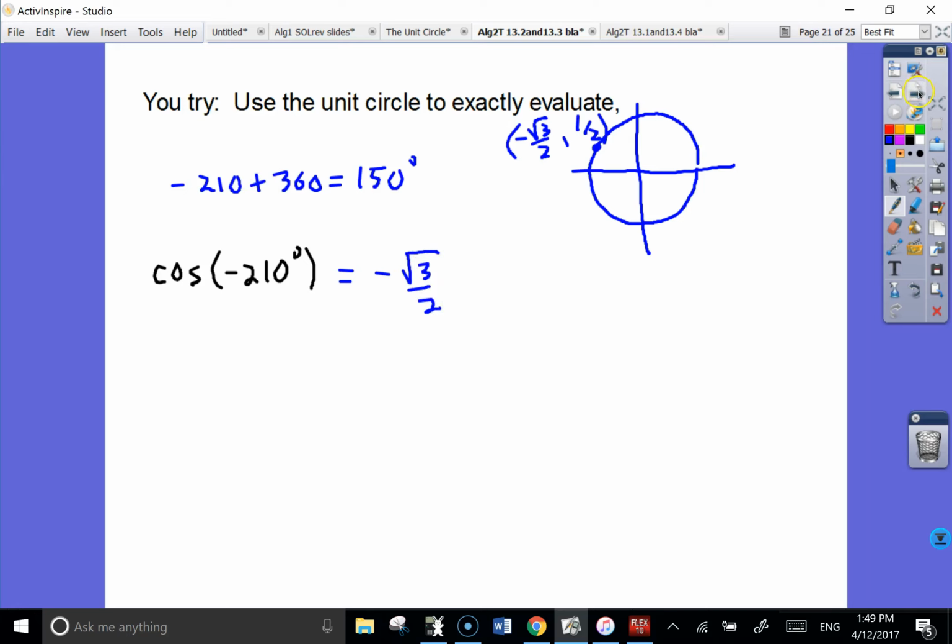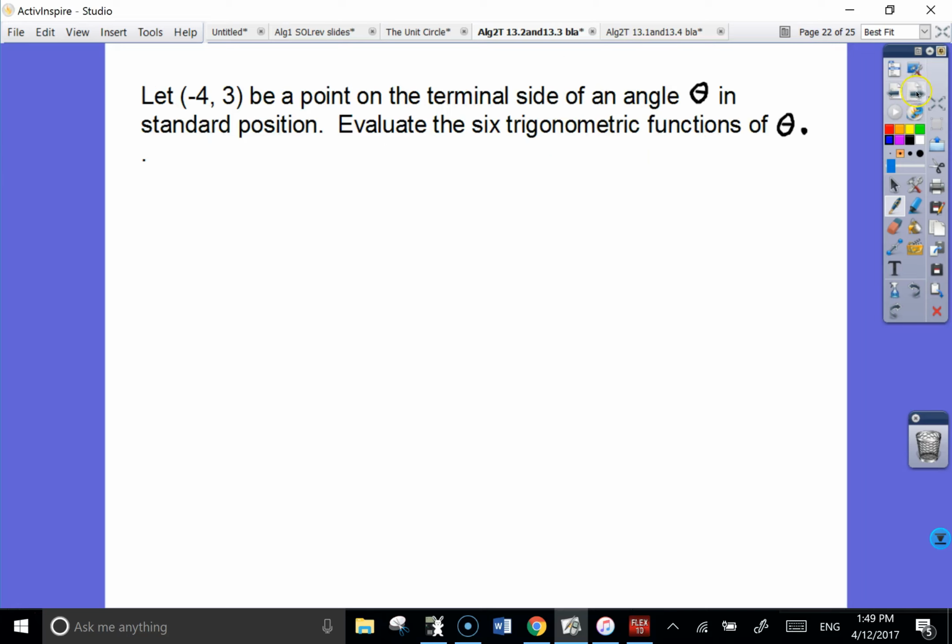Okay, last but not least. It's actually the first thing in this section, but I moved it to the end because I don't think it fits well with the rest of that stuff. Let's say you have a point anywhere in the coordinate plane. It's on the terminal side of the angle, and you want to evaluate the 6 trig functions. Then you do something like this. Plot your point: negative 4, 3.